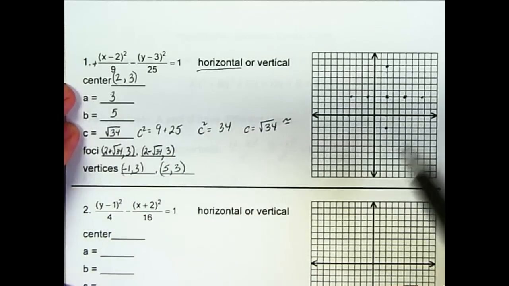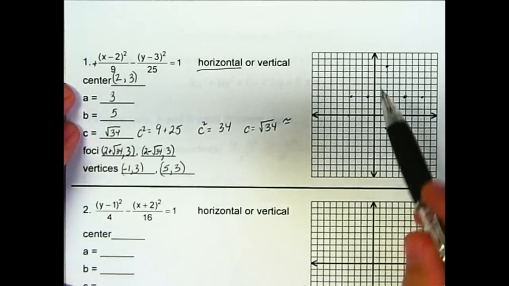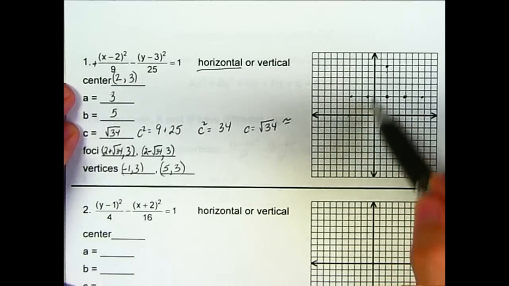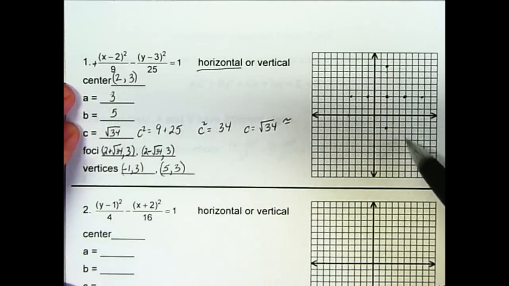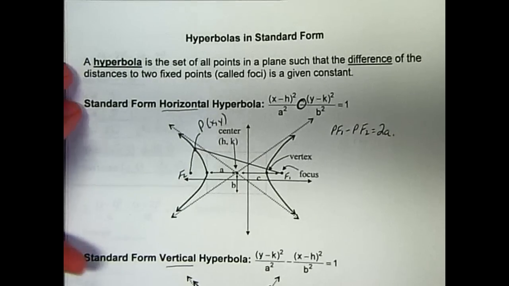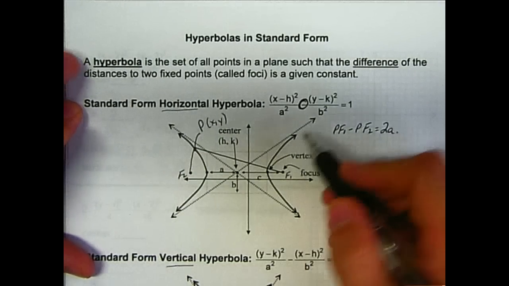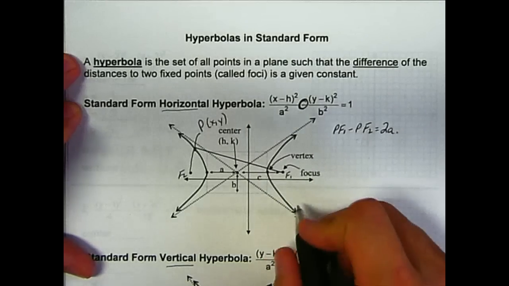Now we want to actually draw the picture, and we need a little reference point. We know that there's going to be 2 arms of our hyperbola that go like this through our foci, but I don't know if it's going to be deep like this or really narrow like this. So we're going to go back to our first page here. If you notice, there were a couple of lines that our hyperbola is going to approach.